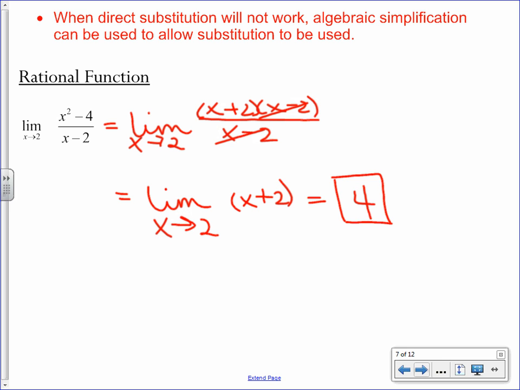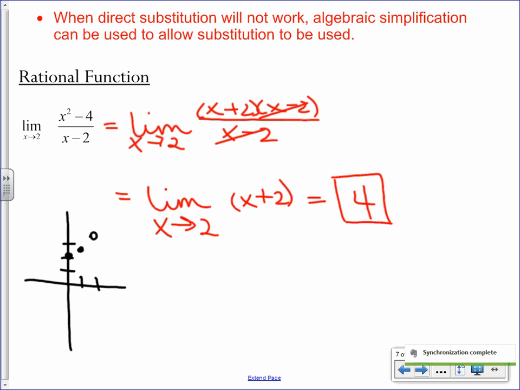Since these factors canceled, we're talking about the line y equals x plus 2, but we have a hole there at (2, 4). So the limit as x approaches 2 is 4 because that's where your hole is. It's a horrible line, but you get the idea.